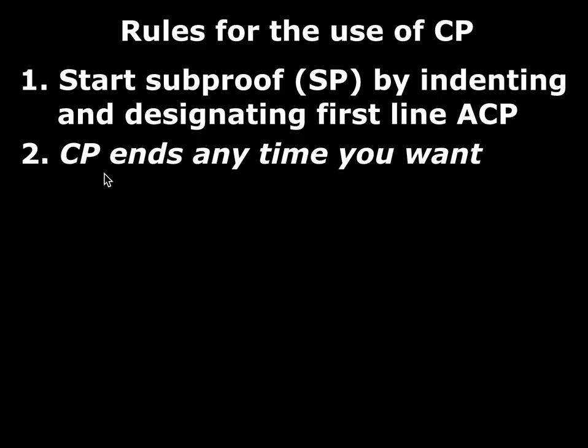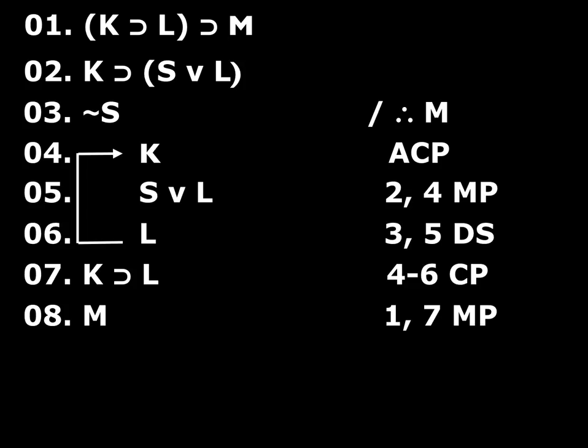If you try to end it any other time, other than when you've derived that very specific thing, then you've done indirect proof incorrectly. With conditional proof, though, you can end it any time you want. Once you start it, you can just decide to end it any time, and that's fine.